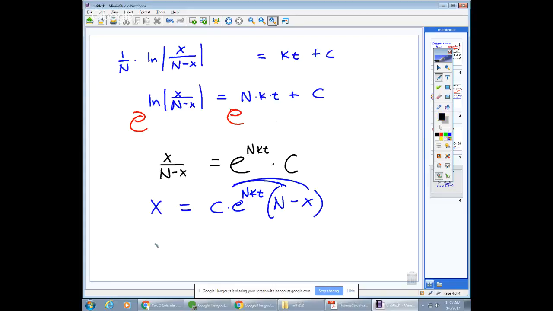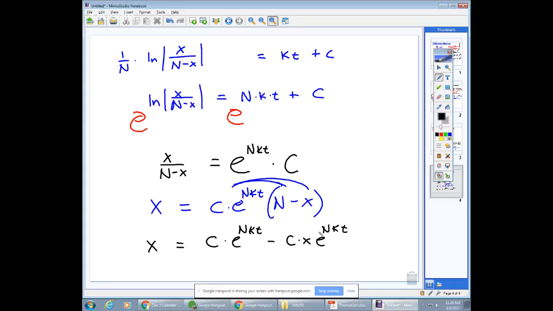So this is going to become x equals n times c. That's just a constant, right? So that's just going to be c e to the nkt minus c times x times e to the nkt.